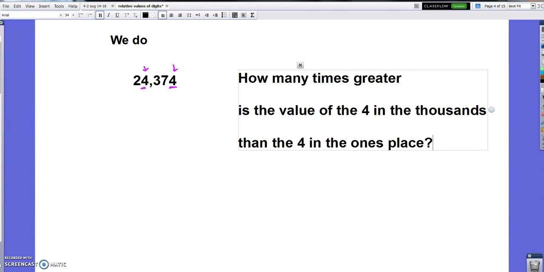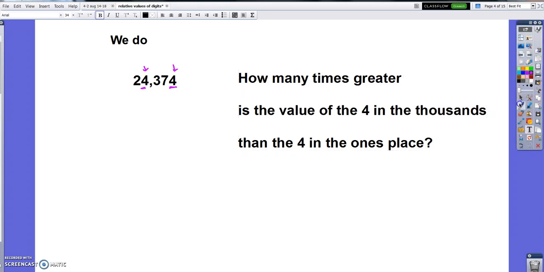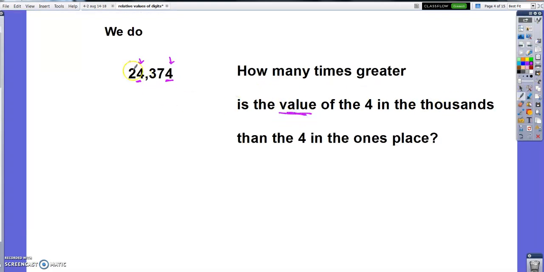If you need to pause and even write this question down in your notes before we think about it, go ahead, pause, and just restart when you're ready. So I want to think about this question. How many times greater is the value of this 4 than this 4?